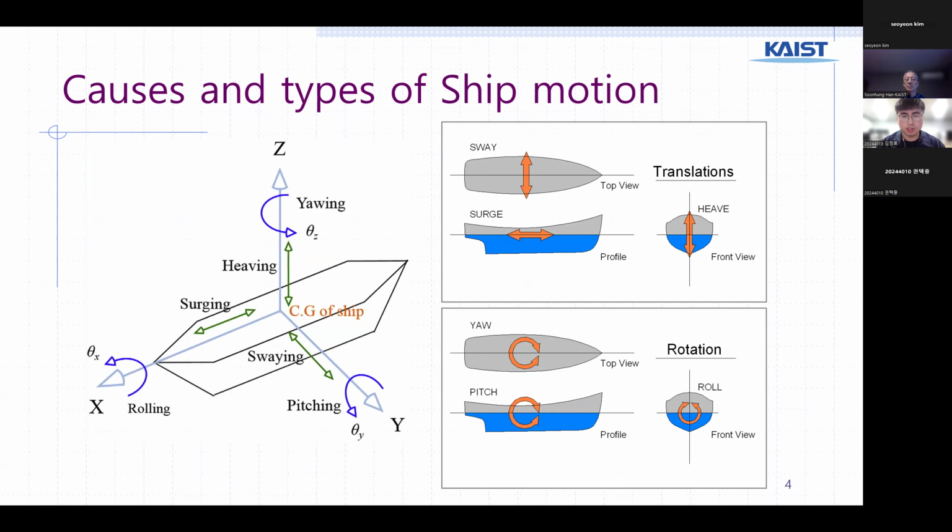These 6 motions include 3 types of translational motion and 3 types of rotational motion. These motions can happen at the same time, but we usually study them separately. Today, we will focus on rotational motion.